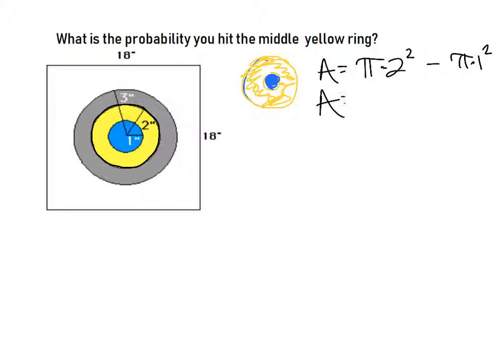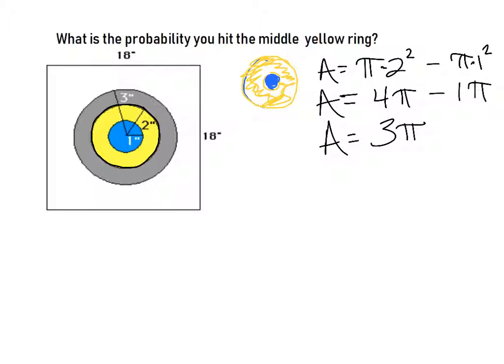All right. So I can simplify this. This is just 4 pi minus 1 pi. And you can actually subtract just like that, just like it was an x. 4 pi minus 1 pi, that's 3 pi. So the area of the yellow ring is 3 pi.